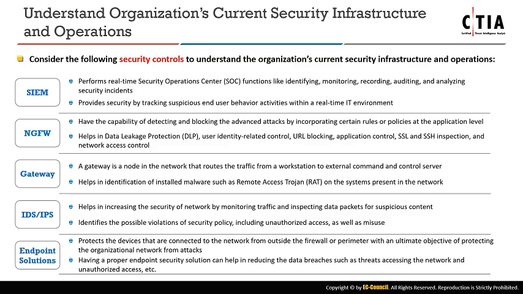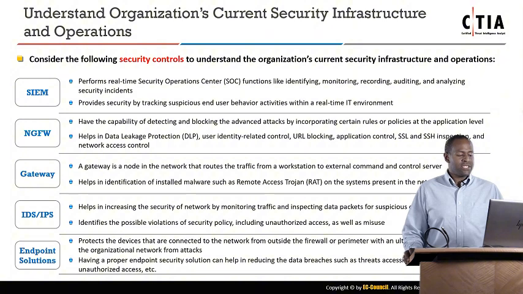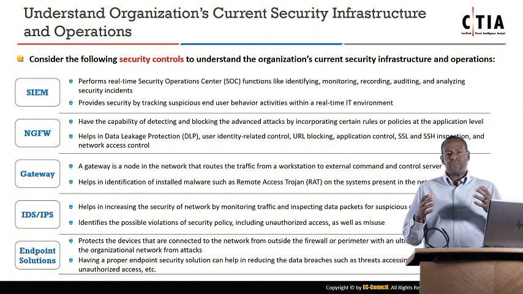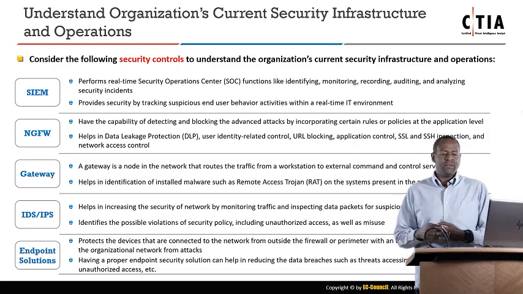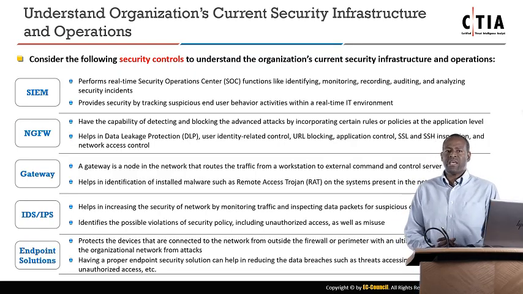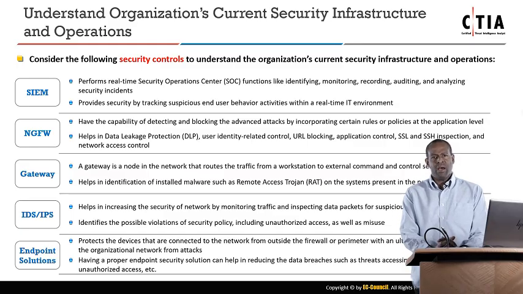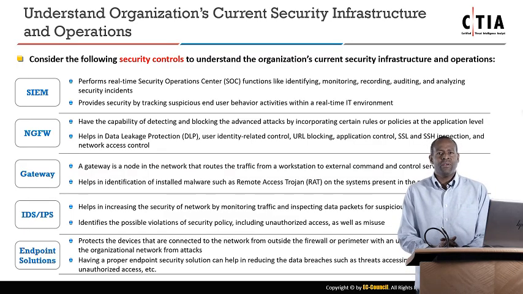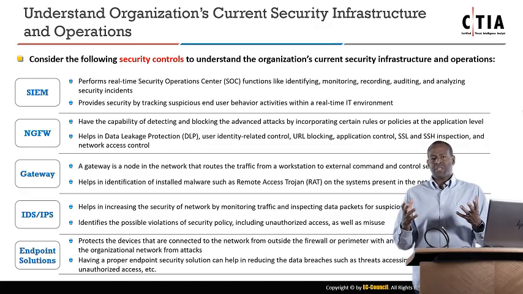Next, we look at endpoint solutions. So it protects devices that are connected to the network from outside the firewall or perimeter with the ultimate objective of protecting the organizational network from attacks. Right, so when we look at endpoint solutions, what we have is a server side and a client side. So let's say, for instance, that you are using some type of antivirus vendor, and the antivirus vendor sells an endpoint solution.